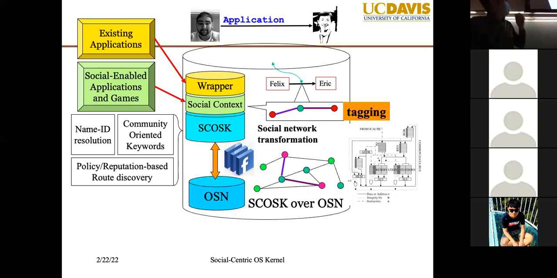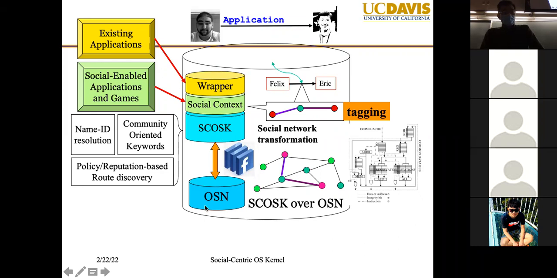This is essentially the architecture of our implementation at that time. In the bottom layer is your social network in Facebook. Then our part, the social-centric operating system kernel, talks to the Facebook server using the Facebook API, which is no longer available, by the way.